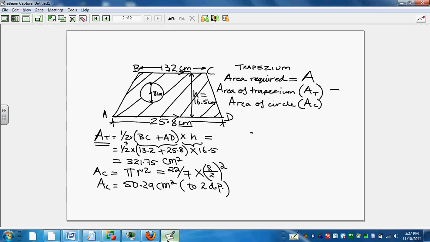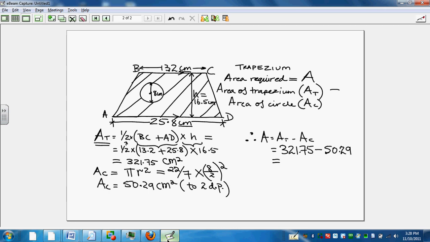So we write, therefore, the area that we require is AT minus AC, which will be equal to 321.75 take away 50.29.